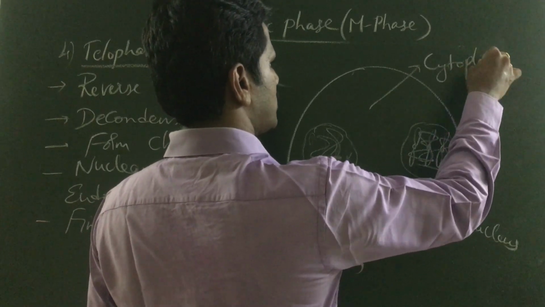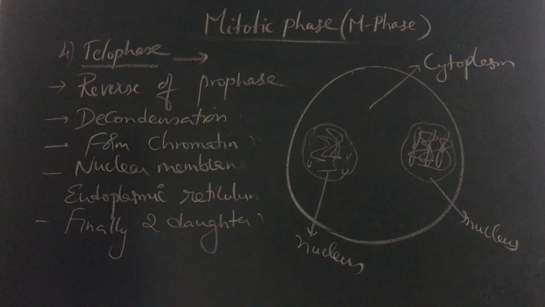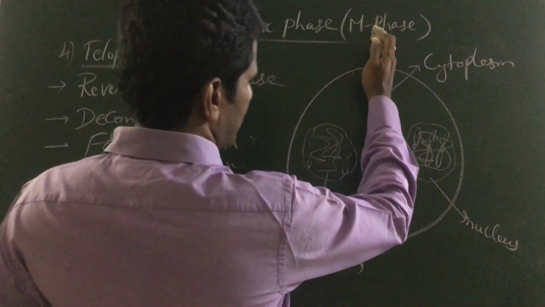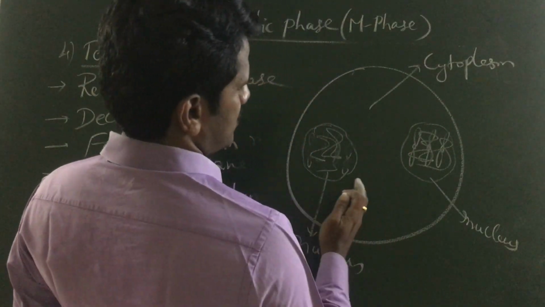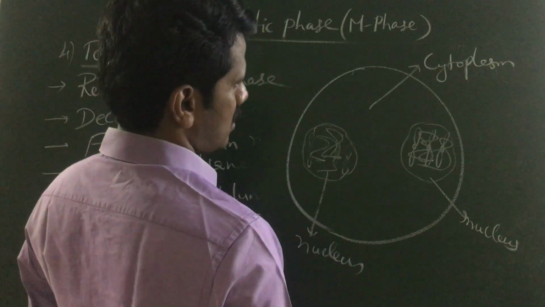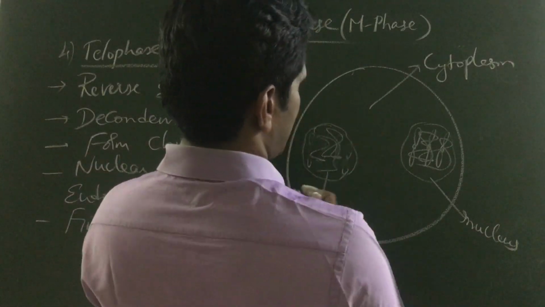So two nuclei are formed in the cytoplasm. So the cytoplasm will split and divide the cell. When this splits, then it shares the cytoplasm. So when it shares the cytoplasm, automatically you will see the formation of two cells.